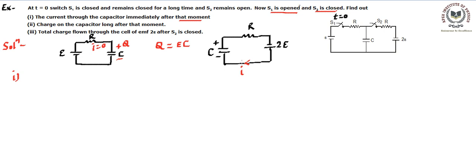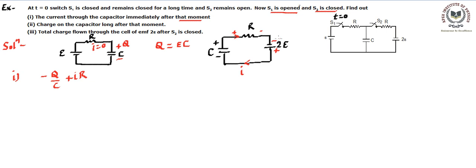If we move along the current, writing the potential differences or drops and summing them to 0, this is minus, this is plus, and this is plus, this is minus, as shown here. Moving from this capacitor, we have a potential change of minus Q by C, and then the resistance will have a drop of IR.